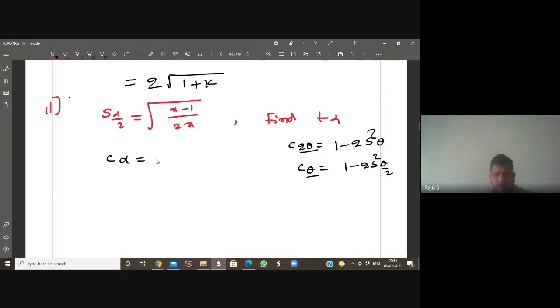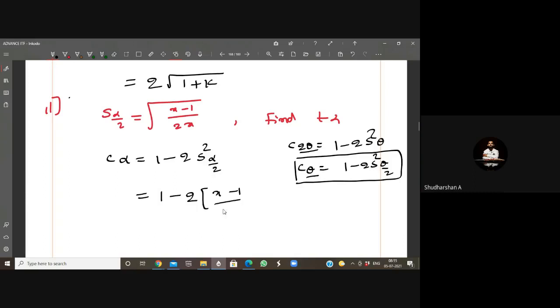Shall I write cos alpha as 1 minus 2 sin square alpha by 2? With the help of this submultiple angle formula, cos theta is 1 minus 2 sin square theta by 2. When we square on both sides, what will we get here? Shall I write 1 minus x minus 1 by 2x?